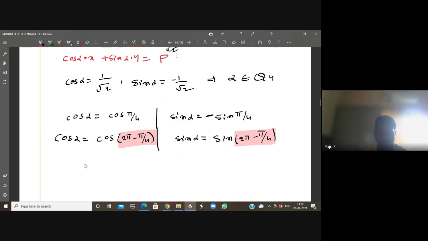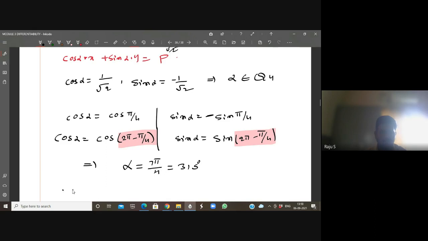When I cancel here, what alpha are we going to get? 7 pi by 4. 7 pi by 4 can also be written as 315, 7 into 45, 315.